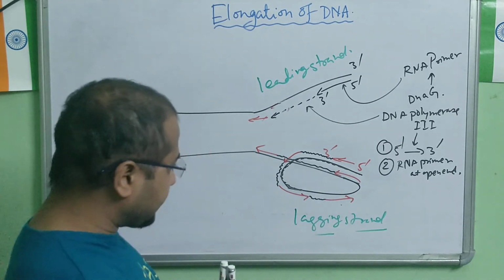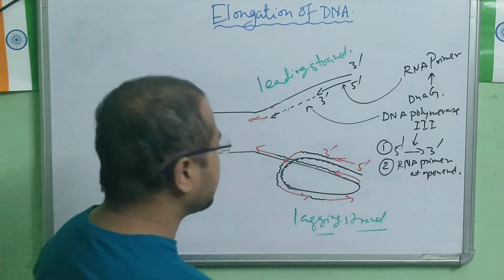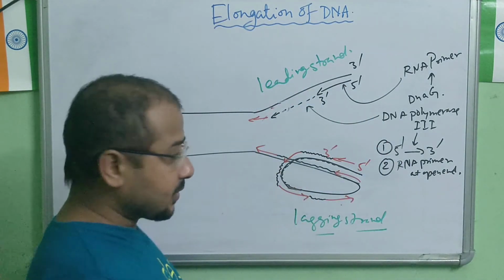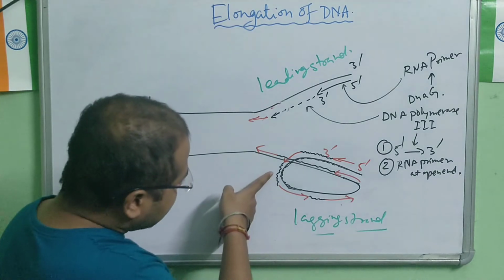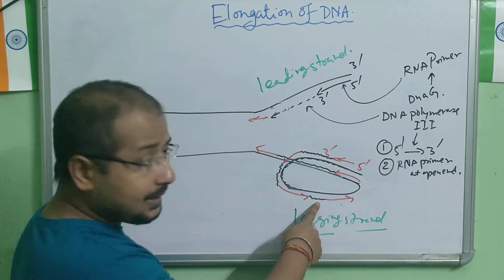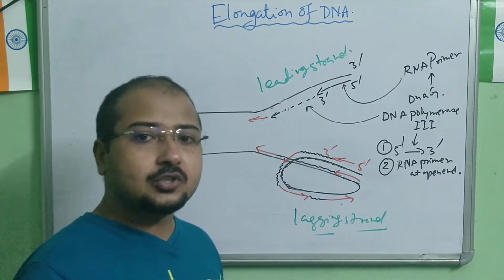Now you see that the replication is actually happening in the same direction. You can say, sir, at this stage the polymerization of DNA is happening in the opposite direction. Actually, it is like a stitch machine.